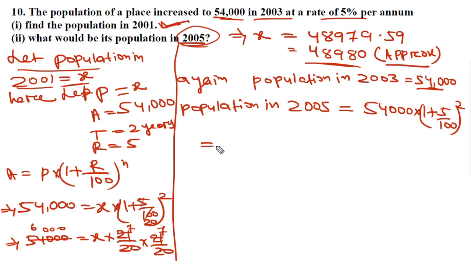So it will be equal to 54,000 into 1 plus, here you can cancel it, it will be 20, 1 plus 21 by 20, so it will be 21 by 20. So into 21 by 20 into 21 by 20.